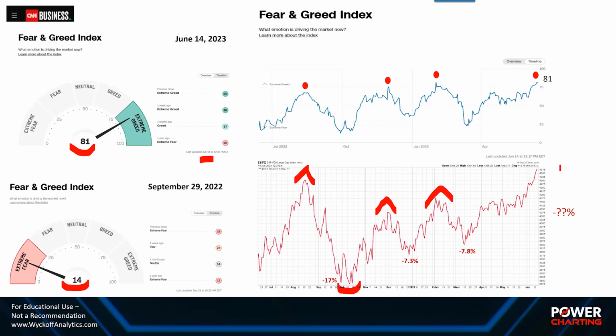Now, the reason for this, I believe, is because the expectation is that the Fed will stop raising rates, among other things, but this has given some confidence to participants in the market. We will have a look at interest rates here in just a second, but I just want to keep you focused on the idea that we want to be operating in opposition to the extreme sentiment readings.